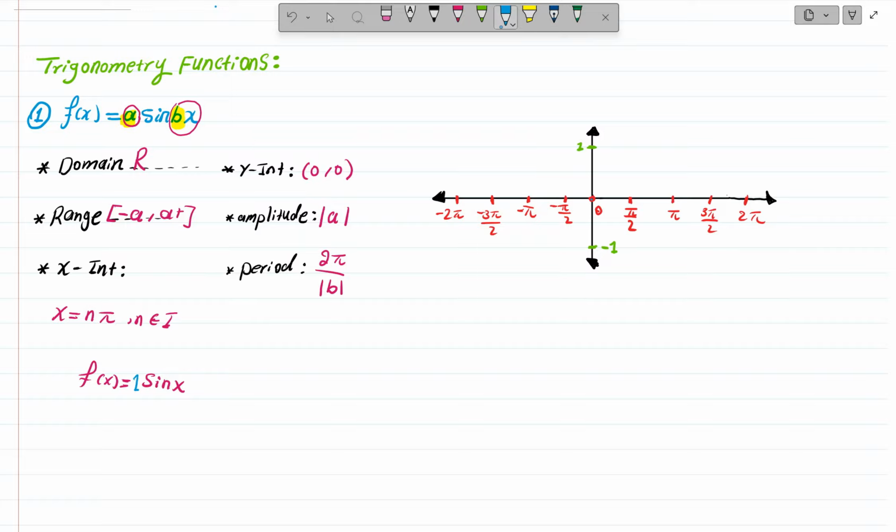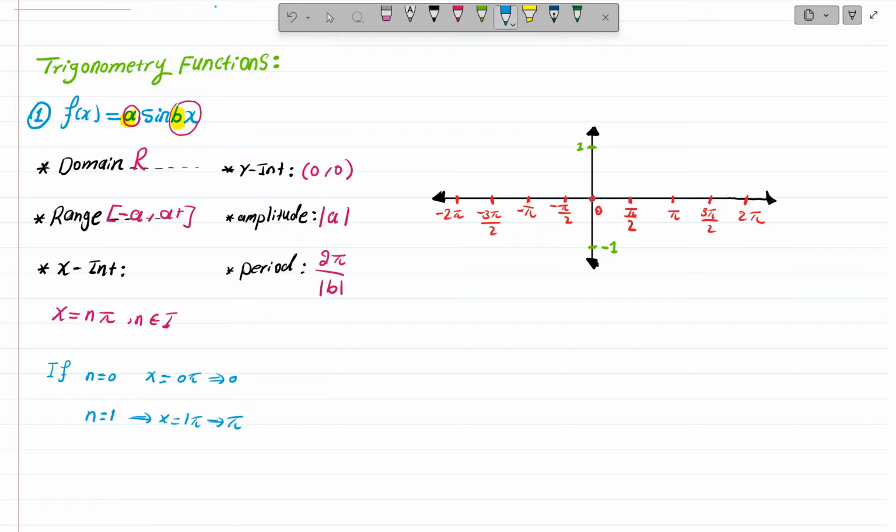So if we pick some values for n, if n equals 0, then x equals 0 times pi, which is equal to 0. If n equals 1, x equals 1 times pi, and the value is only pi.